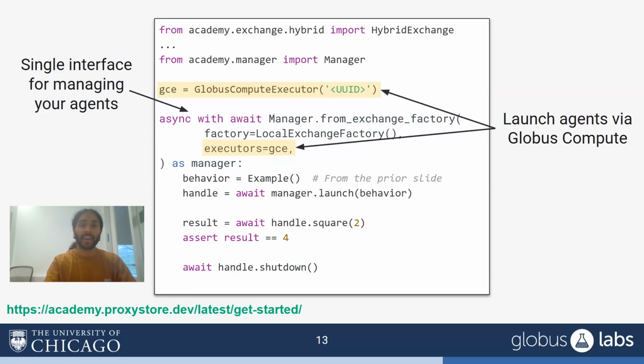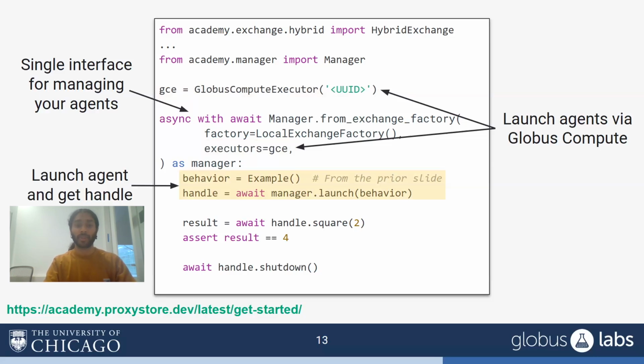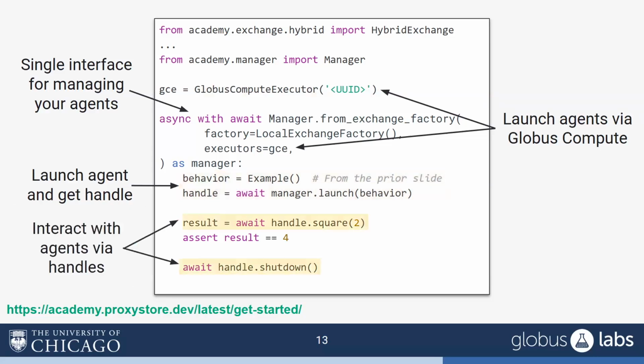So you just fill in that endpoint to create a Globus Compute executor and pass that executor into the manager class. To launch an agent, you can instantiate the agent and then call launch with the manager, and that returns a handle to allow you to interact with the agent.